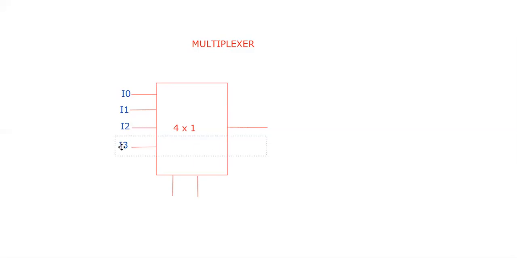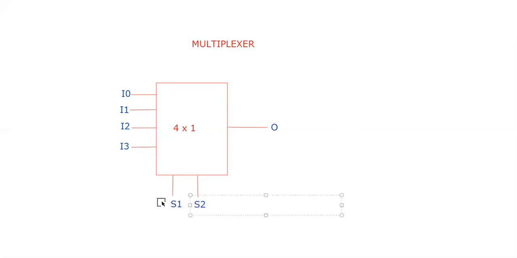So these are my 4 inputs, and we will have one output. Let us name that O or Y, whatever you want to say. So I am saying it as O. We will have two select lines, S1 and S2.